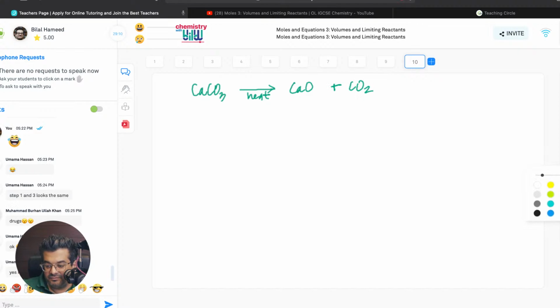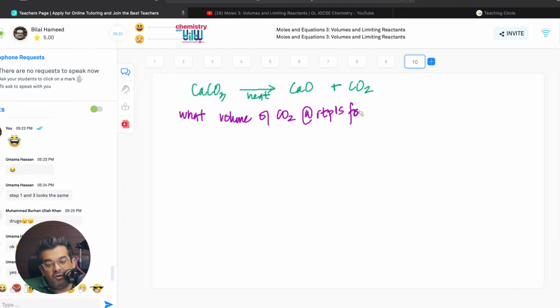Now, in this equation, the question is: what volume of carbon dioxide at RTP is formed when 10 grams of calcium carbonate is heated?